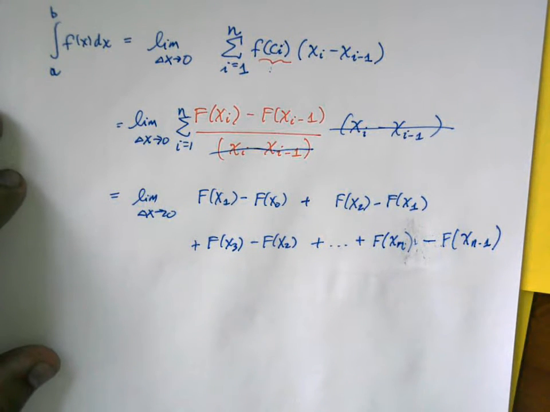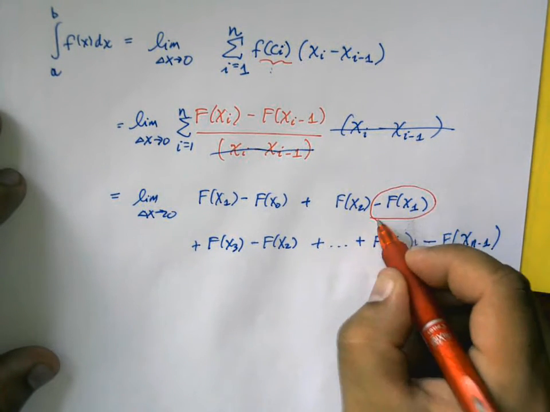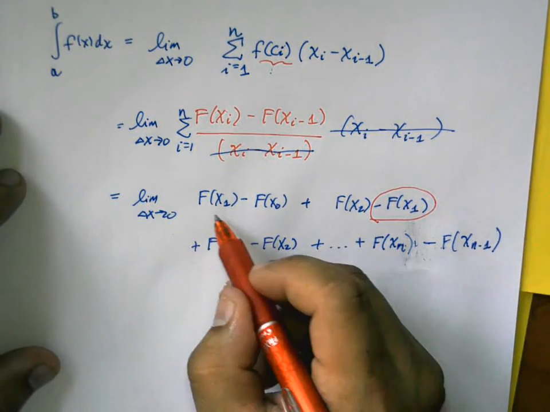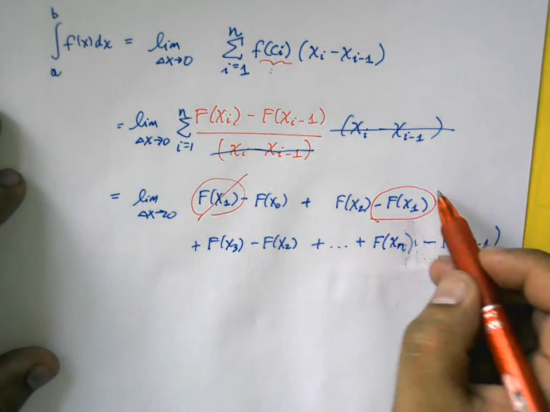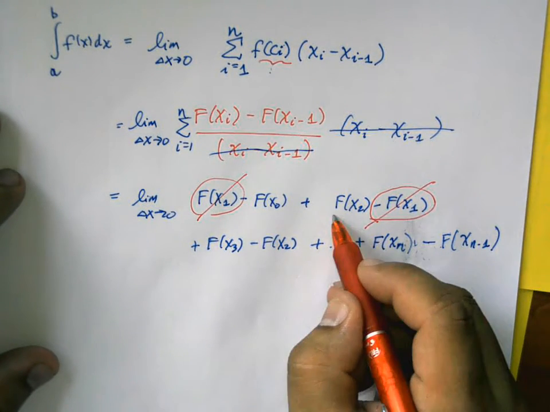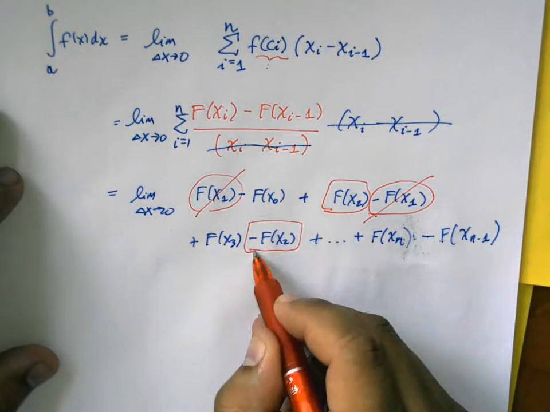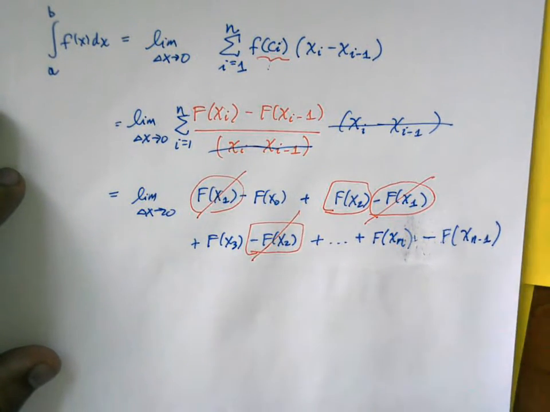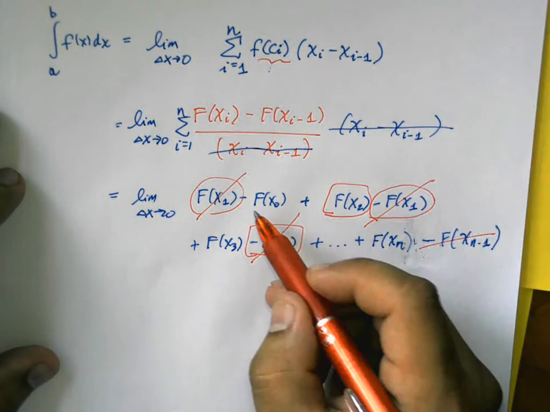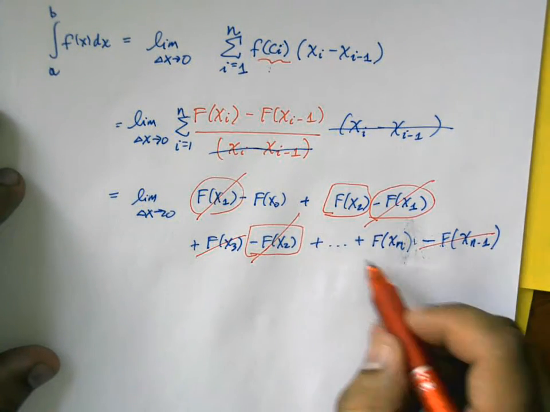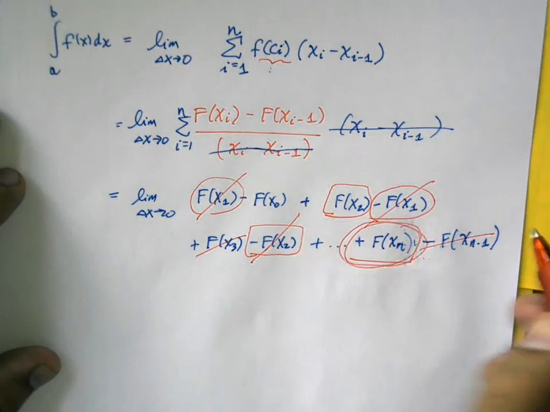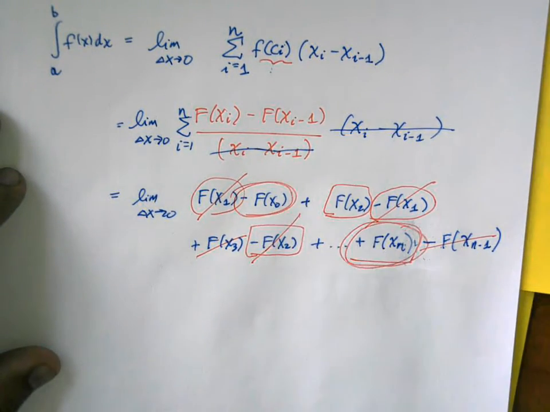Okay, and from what we've seen before, we have a negative f of x1, positive f of x1, that goes away, positive f of x2, negative f of x2, that goes away. And in fact, all of these terms are going to go away. The only terms that are going to remain are this one and this one.